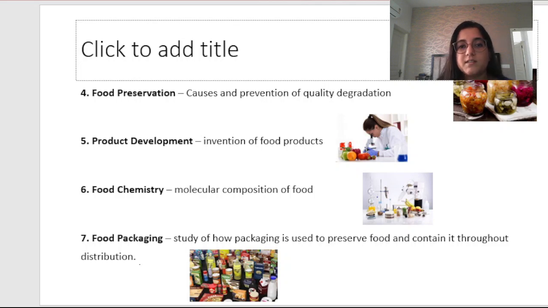Product development is the invention of food products where many R&D professionals combine their technical knowledge to come up with new and interesting products in the market which interest the consumer.